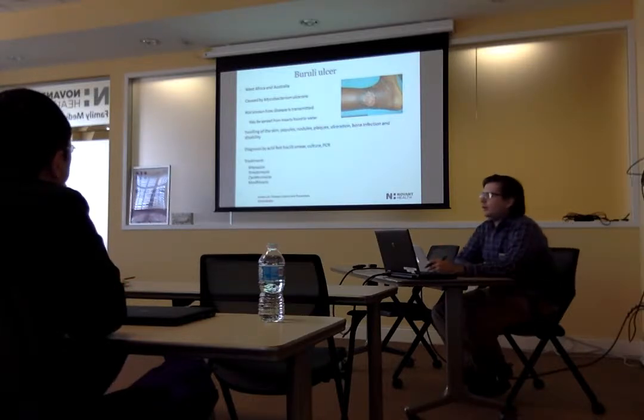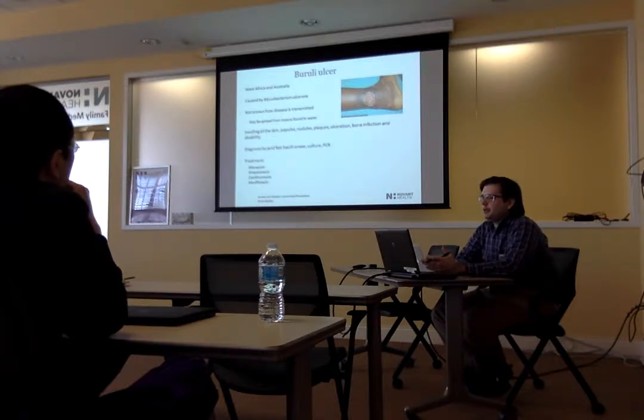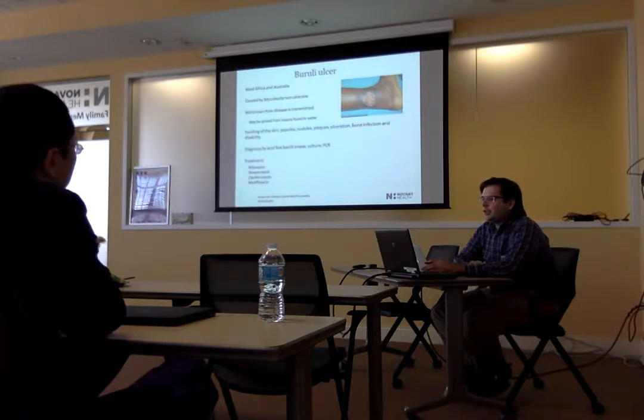Buruli ulcer. This can be seen in parts of West Africa and Australia. Again, we see that Mycobacterium infection here. This is Mycobacterium ulcerans. It's not really known exactly how this disease is transmitted, but the thought is that it may be spread from insects found in water. You can see patients presenting with swelling of the skin, papules, nodules, plaques, ulceration, even bone infection, and disability.